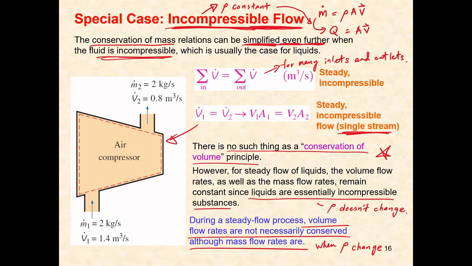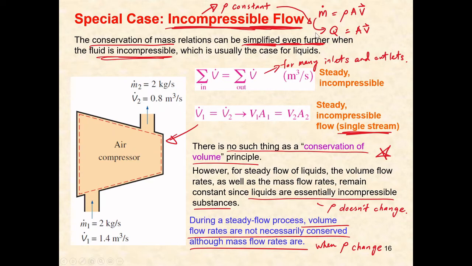For example, water is nearly incompressible, so for water you can assume that it is an incompressible liquid. Incompressible flow basically happens in a condition where the density is constant, because the density is given by mass over volume. So if the volume does not change and the mass is also constant, therefore you have a constant density.